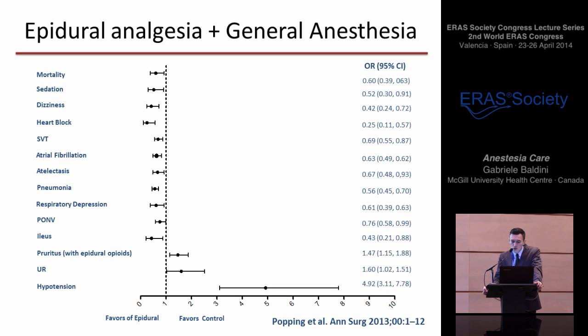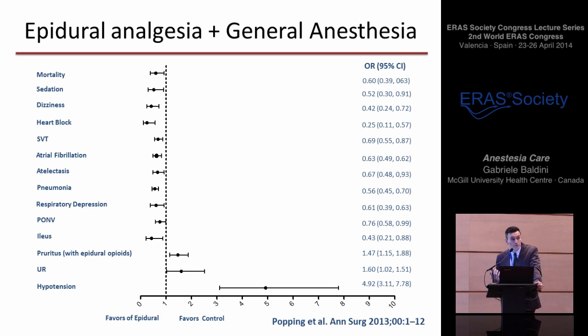This study, published recently last year, was a meta-analysis showing that epidural analgesia used with a general anesthetic was able to reduce mortality by 40% and also reduce cardiovascular and respiratory complications, and also facilitate the recovery of bowel function, with the downside of increasing the risk of urinary retention and hypotension.